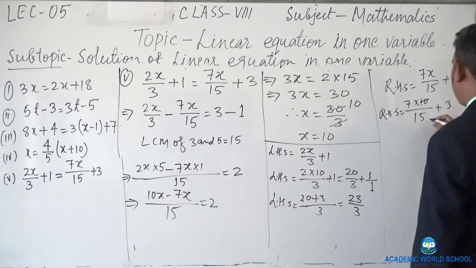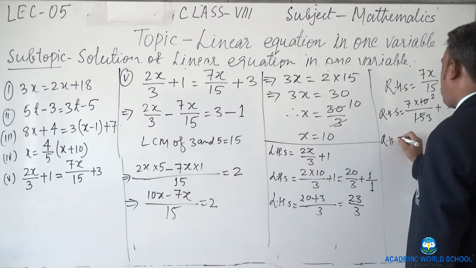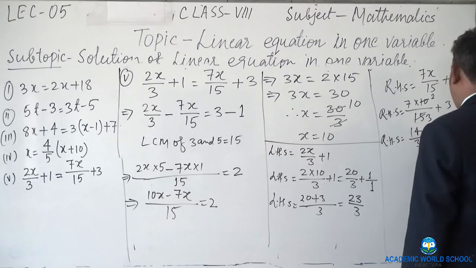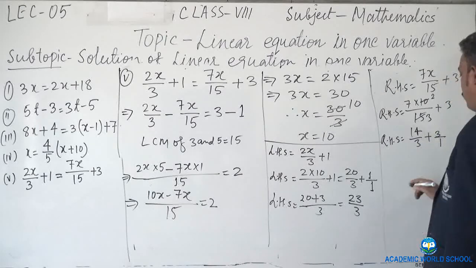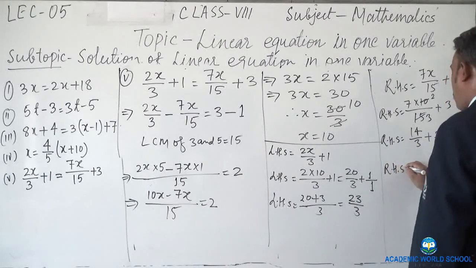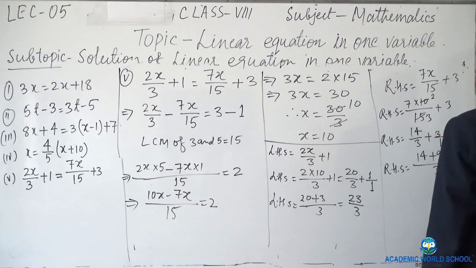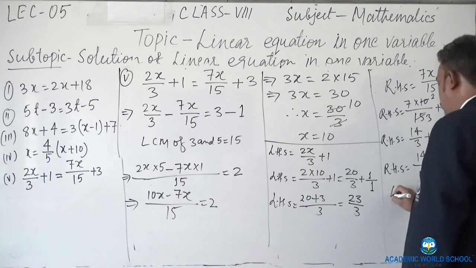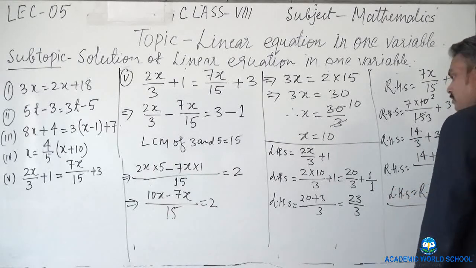I am going to reduce it. 5 2s are 10, 5 3s are 15, and 7 2s are 14 by 3 plus 3. So I will take here denominator 1, 3 is the LCM, 14 plus 9 will be 23 by 3. See that LHS is 23 by 3, RHS is also 23 by 3. So we write here LHS equal to RHS.